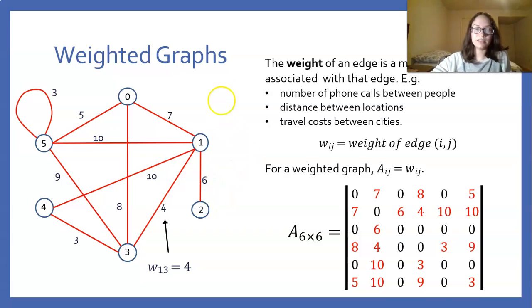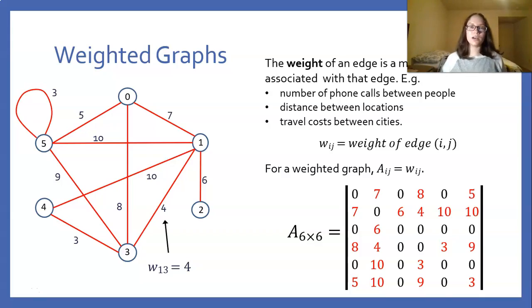So in this case, if we look at edge 1 to 2, then the weight, which is 6 in our example right here, that might mean that there were 6 calls between those two people, right? And so really what that means is that that edge has a heavier weight. So for example, if you see between nodes 3 and 4, we have an edge with weight 3, so that might mean only 3 phone calls between those people, whereas between 1 and 2 have 6 phone calls.